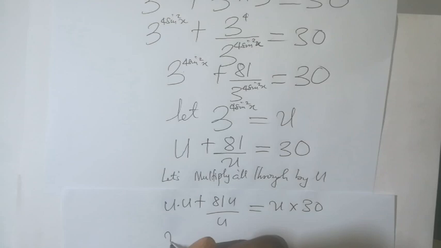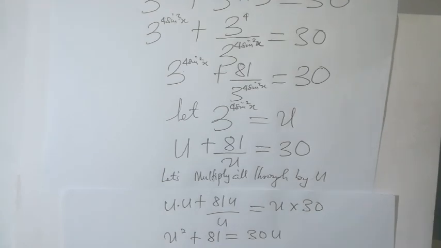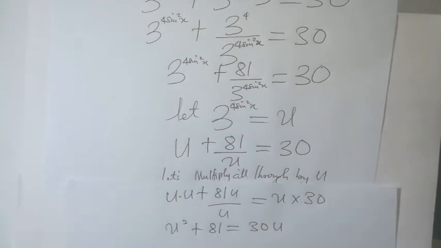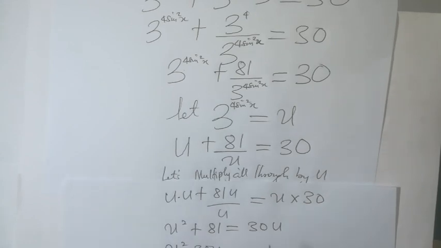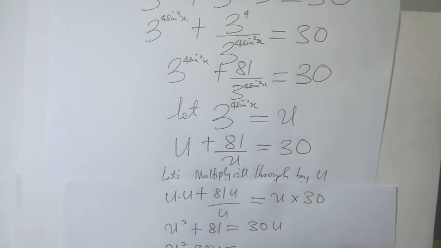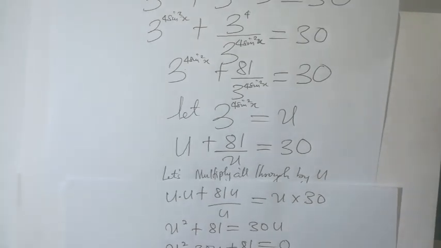So we now have u square plus 81 is equal to what? 30u. So we now have u square minus 30u. Since it's positive, if it crosses the equal sign, we have minus. Plus what? 81 is equal to 0. So we now have what we call a quadratic equation.